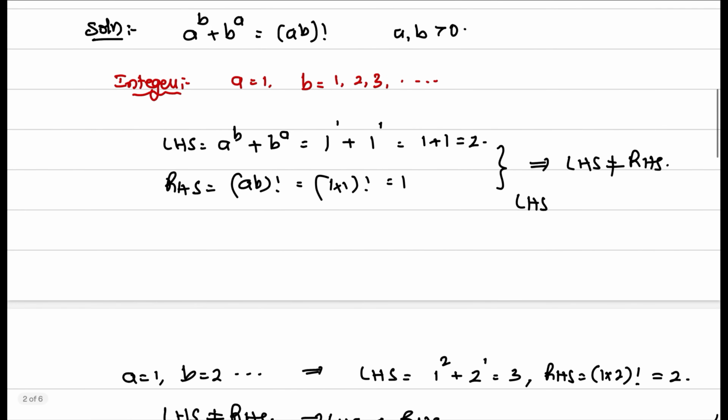In the case of 1 and 1, the left hand side is equal to 2 and the right hand side is equal to 1, so left hand side is greater than right hand side.